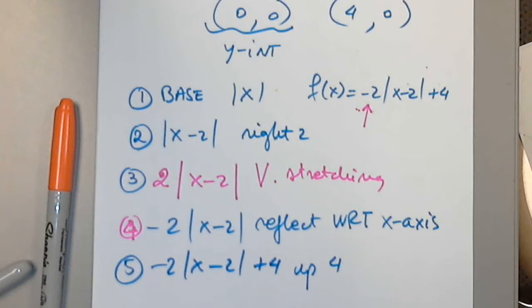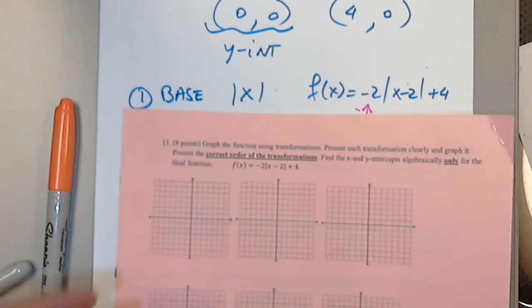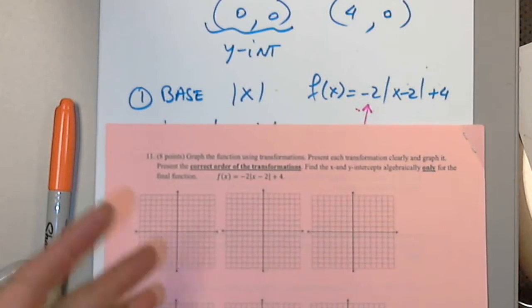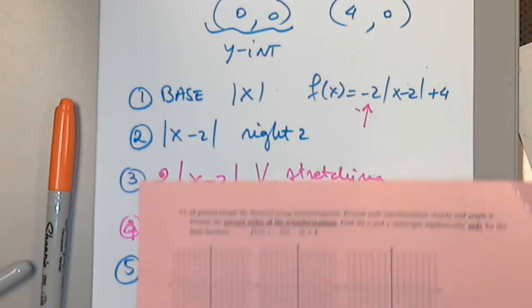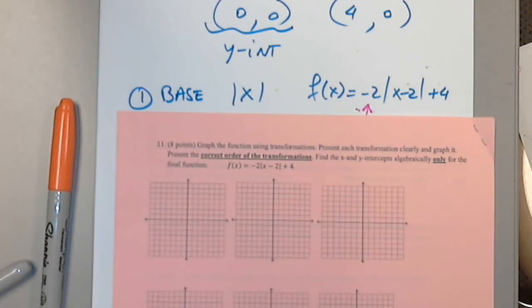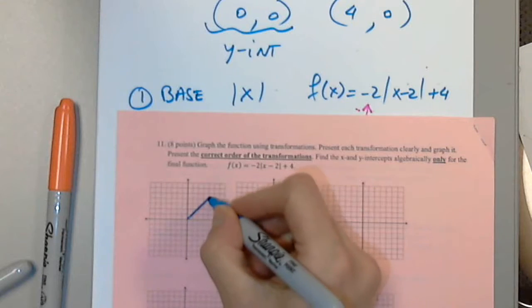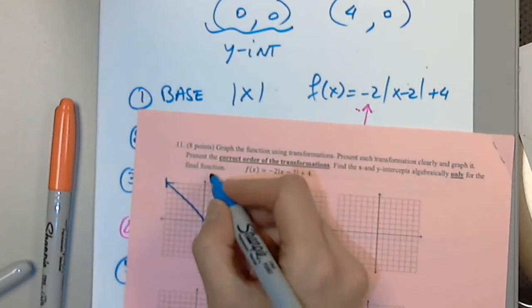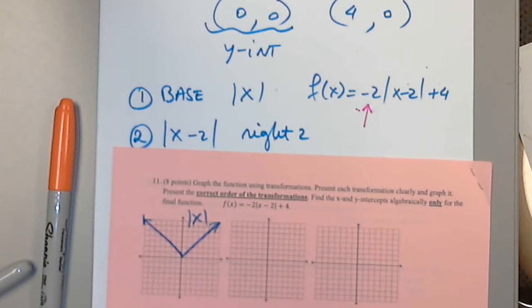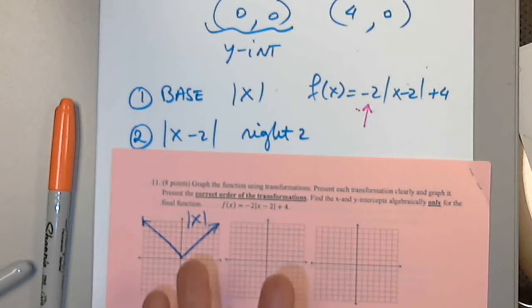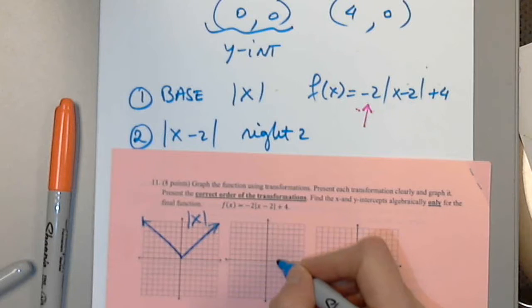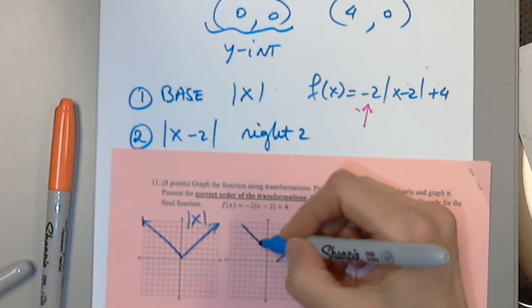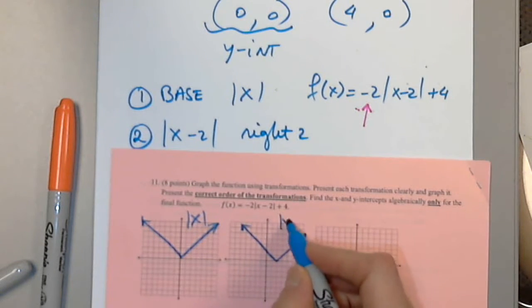So on this test, I put several coordinate systems. You don't have to use them. So I start with the base function. This is the absolute value of x. Then you said right 2. Okay, right here. So this is the absolute value of x minus 2.